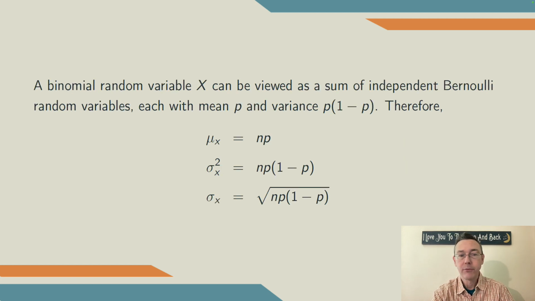A binomial random variable x can be viewed as the sum of independent random variables, all Bernoulli, each with the same parameters, each with mean p and variance p times 1 minus p. And so that can give us the expected value, standard deviation, and variance of any binomial random variable.